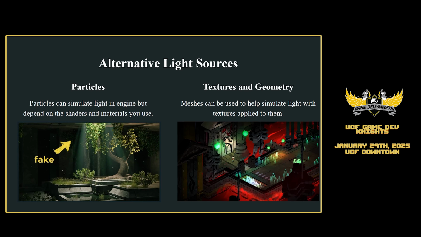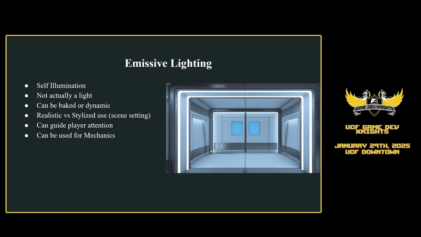Also, in here, the textures and geometry are again meshes. This has an outer glow. All this is a sphere with a texture on it applied in engine, and that is not actually a light. So it's got that little bit of glow going to it. This is the fire, but this glow here is just a mesh with a texture on it. Very useful. Also reduces cost in engine.